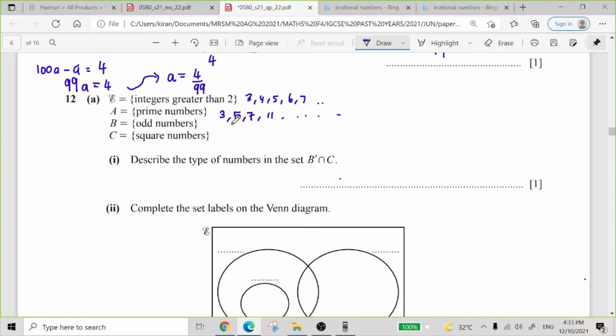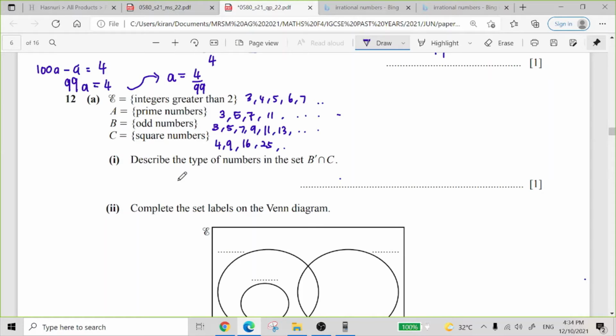Okay, and then the odd numbers we start with 3, 5, 7, 9, 11, 13 dot dot dot, and then square numbers here we start with 4, 9, and then 16, and then 25 and so on.